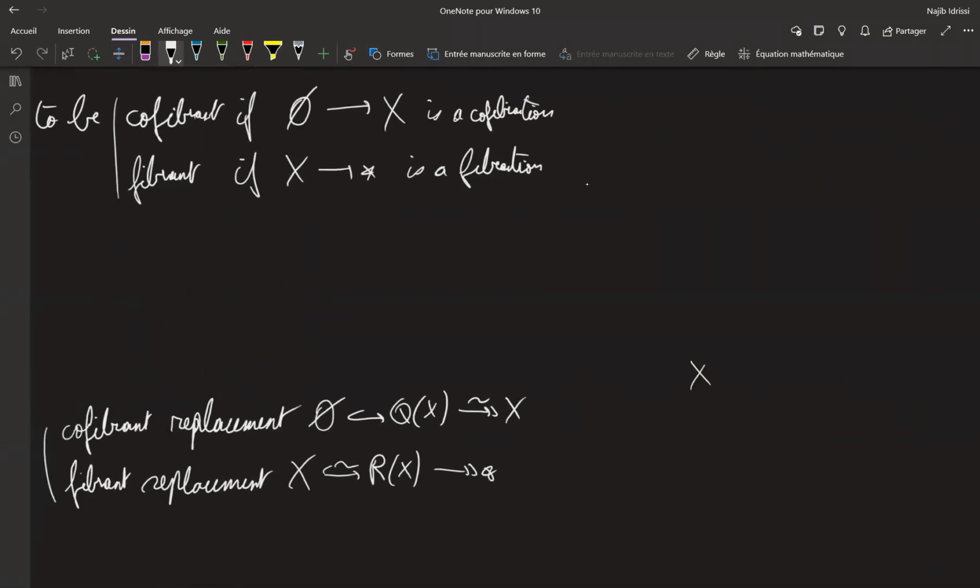Like if you have some map F from X to Y, it induces a map from QX to QY, and there is even a map QF between the two that makes the whole thing commute, right? This is what I mean by functorial replacement. Okay?